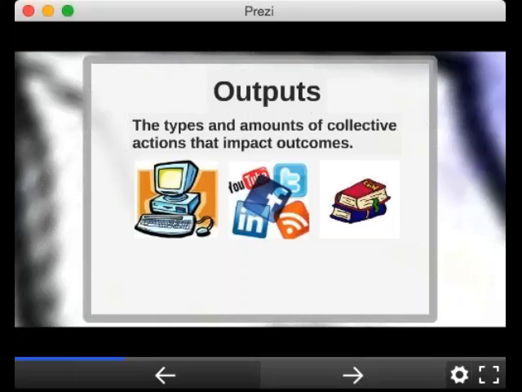Another important output might be media, that is to say communication. How is the coalition or the community communicating about these various issues? So how many conversations was the coalition involved in at a community level around substance abuse prevention? Did you offer town hall meetings, for example? Were there letters to the editor?